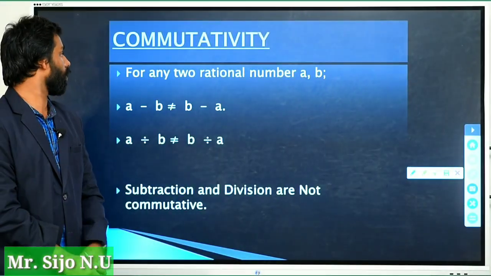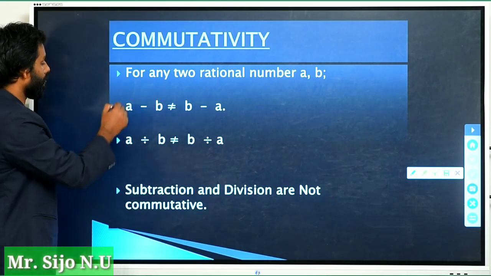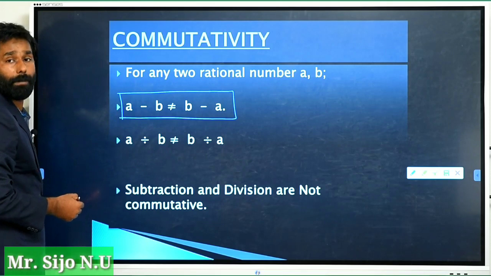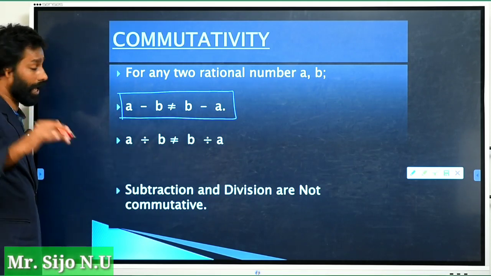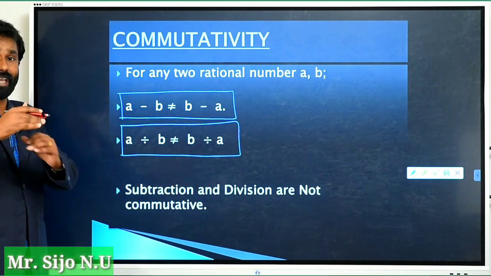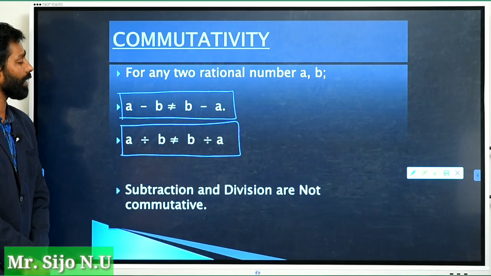Well, here is the definition. For any two rational numbers a and b, a minus b is not equal to b minus a. In the same manner, we can conclude this also in the case of division: a divided by b is not equal to b divided by a.